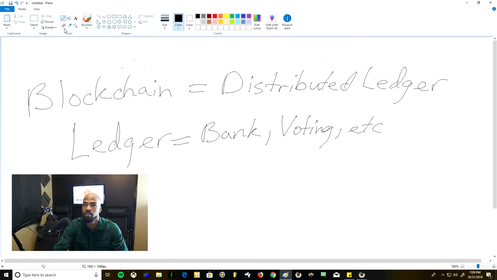Okay? Alright, so first let me show you how an open ledger would work as far as managing transactions.